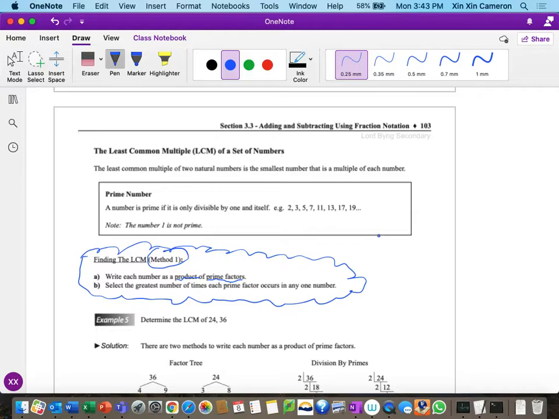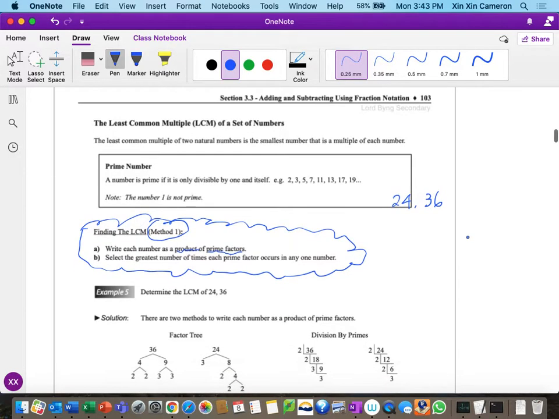For example, if it's 24 and 36, what is the common denominator when one denominator is 24 and the other is 36? The first thing is to write each number as a product of prime factors. So we factor 24: 2 and 12, 2 and 6, 2 and 3.